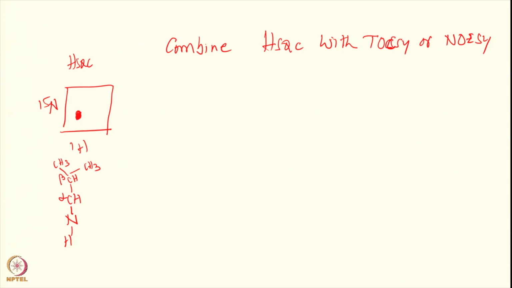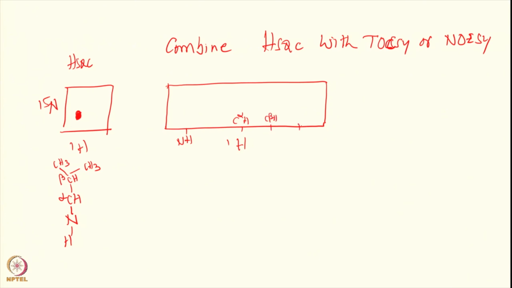So what will I do? I combine this with either the NOESY or the TOCSY. This is the proton axis here and this is my NH proton, and here I have the C alpha H, the C beta H, and here the 2 methyls.